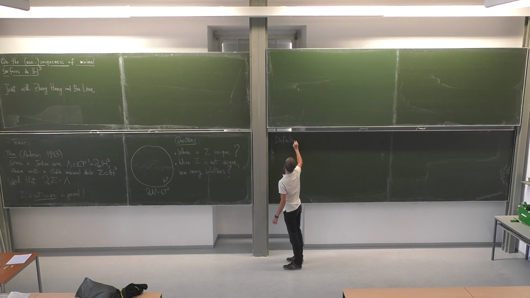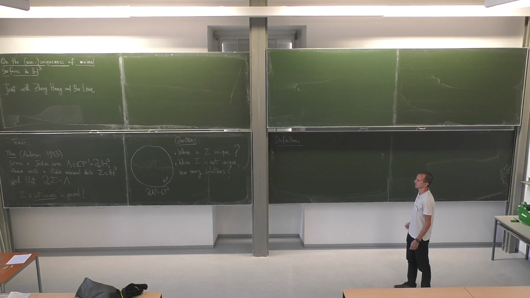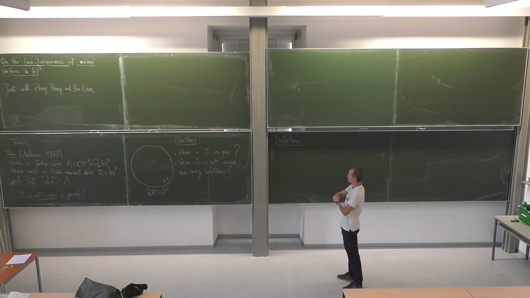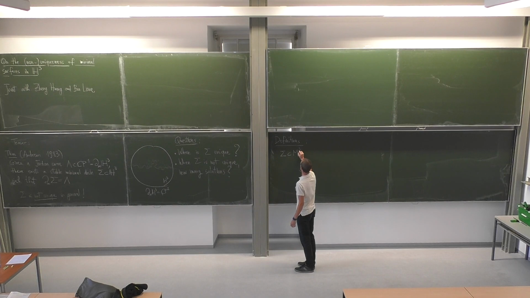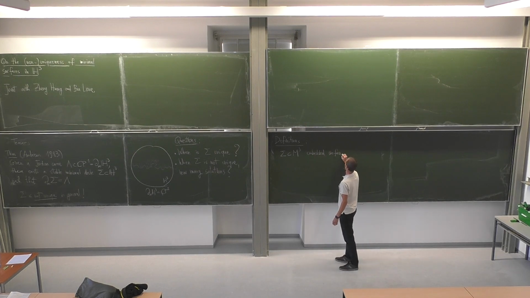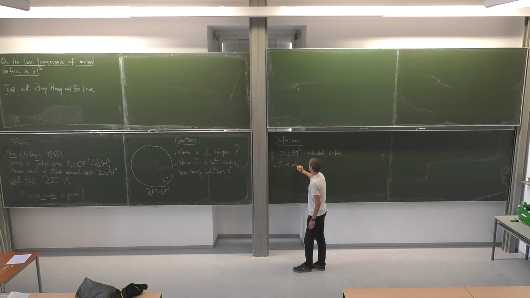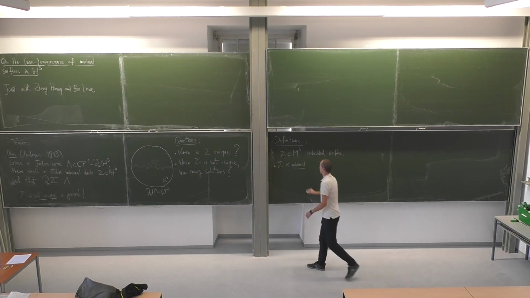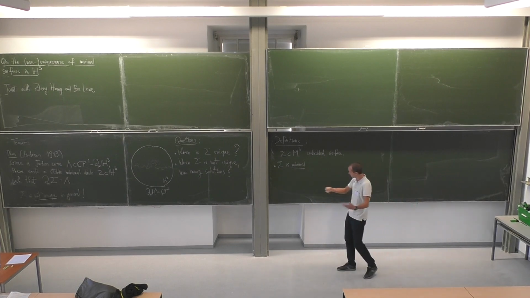Let me give the definitions that appear in the theorem. I think everyone knows what hyperbolic space is, so I won't define it. Let me tell you what a minimal disk is. More generally, if we have an embedded surface in a 3-manifold, we say that sigma is minimal if it is a critical point of the area under all compactly supported variations.